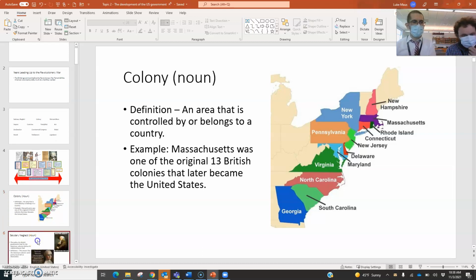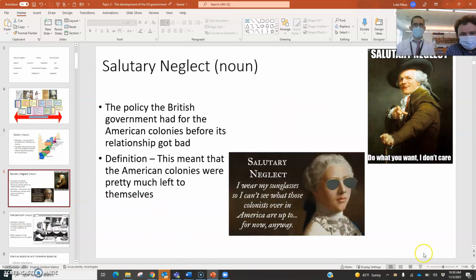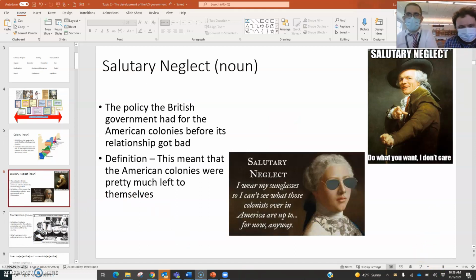All right, so our next term is salutary neglect. Salutary neglect is the policy the British government had for the American colonies before its relationship got bad. So, the technical definition is this meant the American colonies were pretty much left to themselves. We have some silly memes here on the side to help us explain.